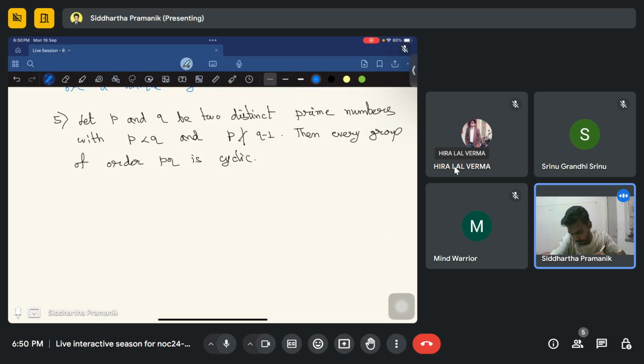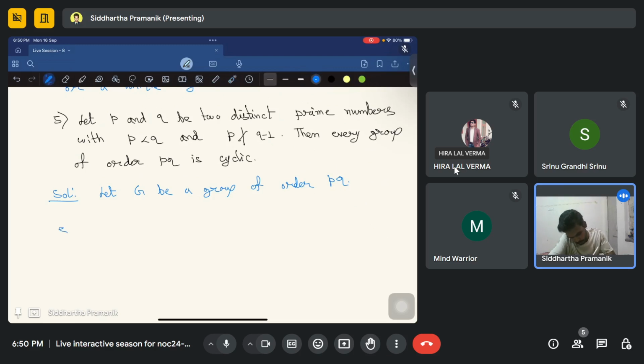So let's do the proof of this. Let G be a group of order pq. So p and q are prime numbers. So G has a Sylow p-subgroup as well as a Sylow q-subgroup. Let's try to find the number of them.